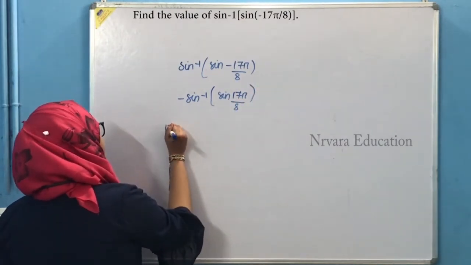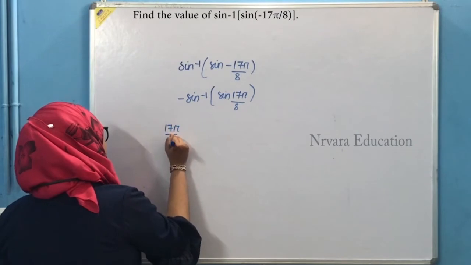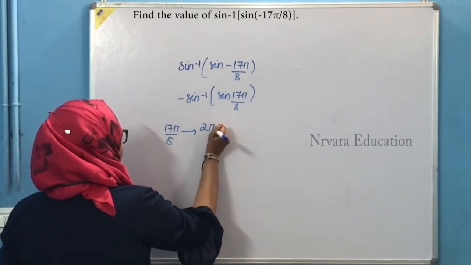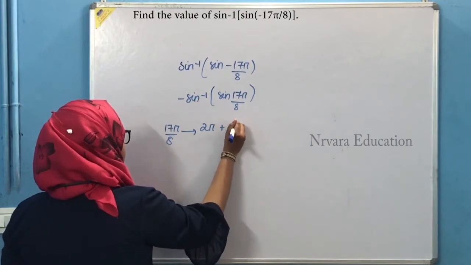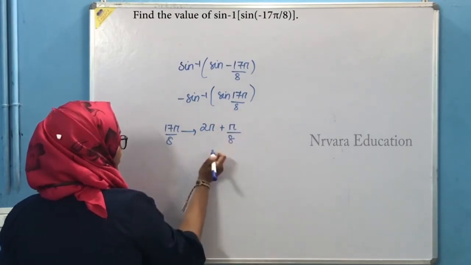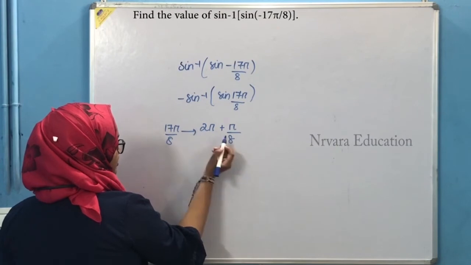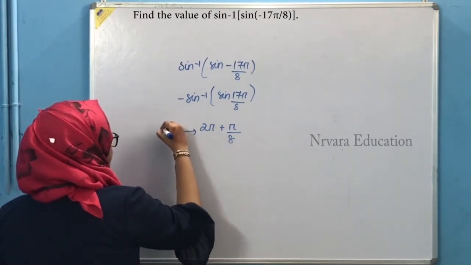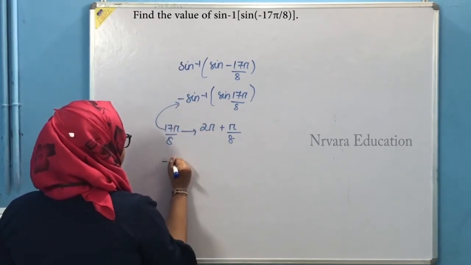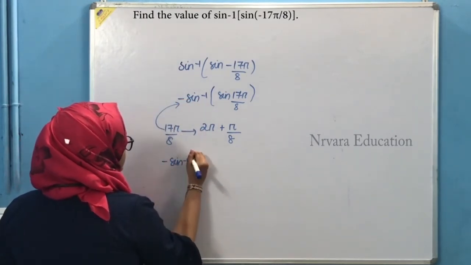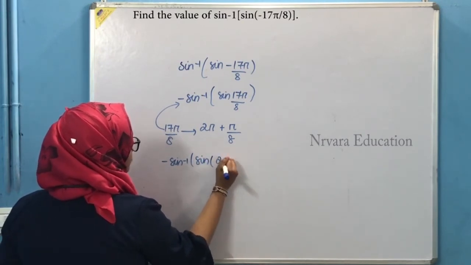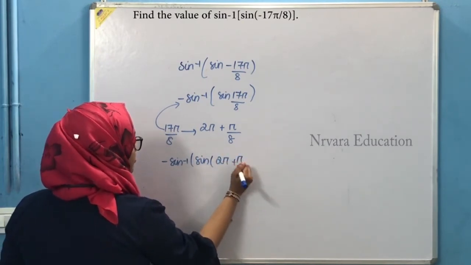Now 17 pi by 8 can be written as 2 pi plus pi by 8. So if we take the LCM, it will be 8 times 2 is 16 plus 1, 17 pi by 8. So we'll substitute this value into this. So we'll get minus sine inverse sine of 2 pi plus pi by 8.